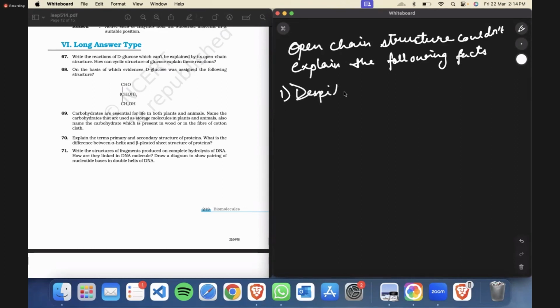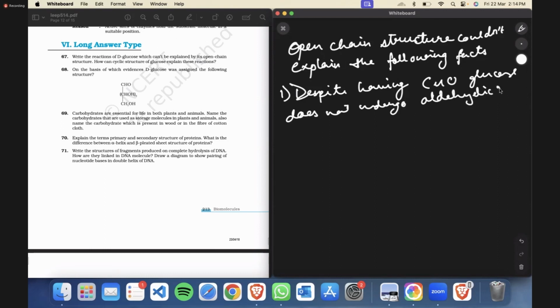Despite having CHO, glucose does not undergo aldehydic reactions, which are: glucose does not react with ammonia, glucose plus ammonia don't react. Glucose does not react with sodium bisulfite.